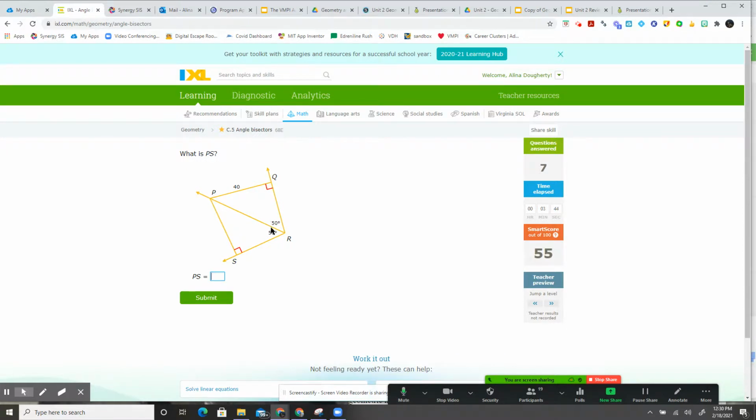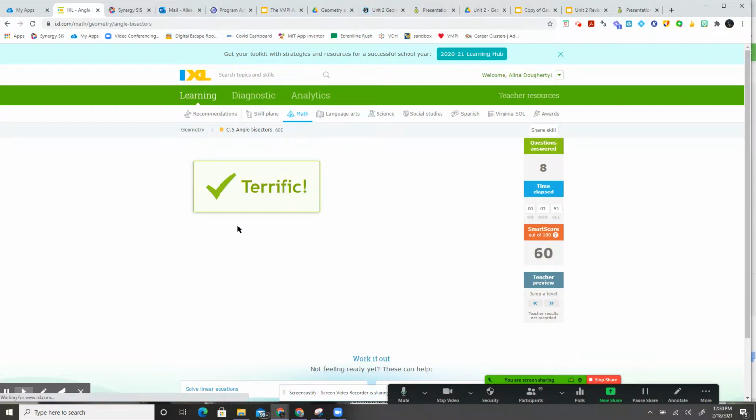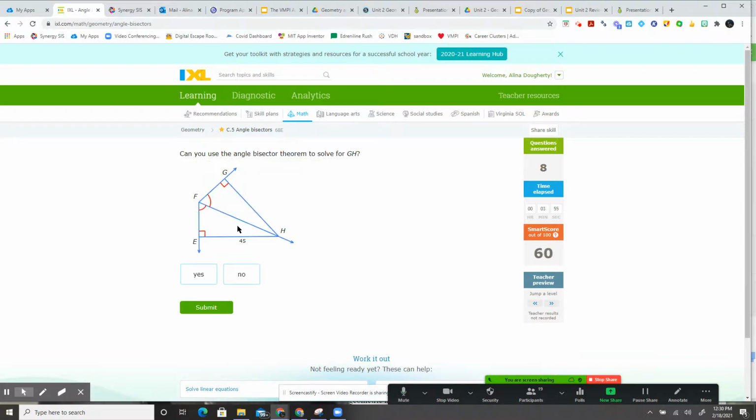If I've got 50 and 50, and I know this is 40, what's this piece going to be? Should also be 40. If these two angles are congruent, that's what those angle arcs mean. Then if this is 45, then this is 45. Can you use the angle bisector theorem to solve for GH? Yeah, it's 45.